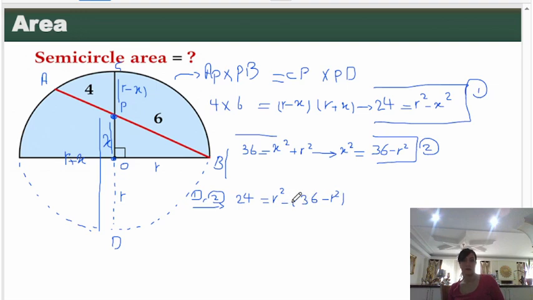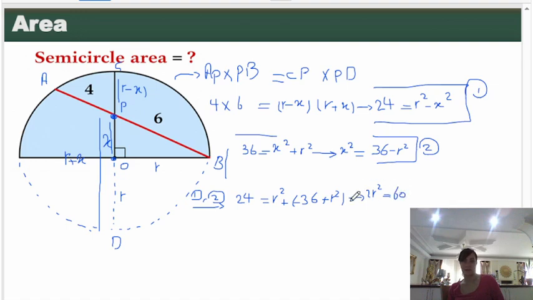I apply this negative inside the parentheses, so it would be negative 36 and positive r squared. So I will have r squared plus r squared gives me 2r squared. I bring this negative 36 to the other side. 24 plus 36 gives me 60.